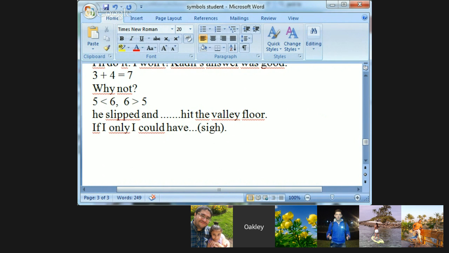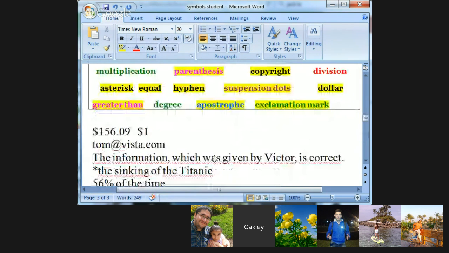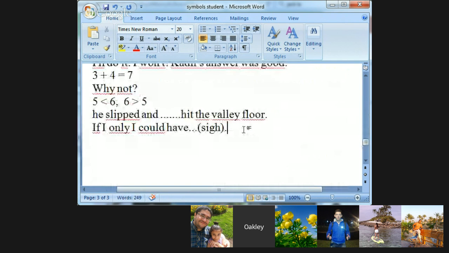If only I could have... Right. So, Kadir, to answer your question as well, these can be called suspension dots because they suspend the speech, or they indicate an area of time, or they can be called ellipsis or ellipsis points.